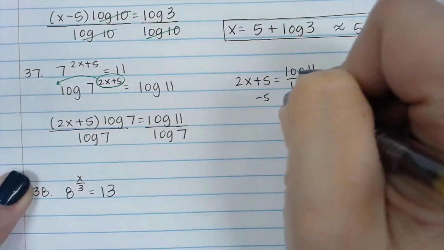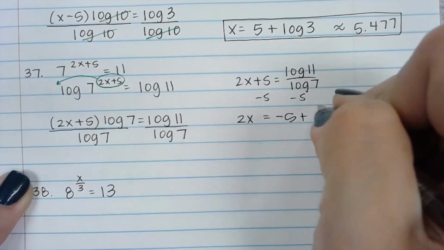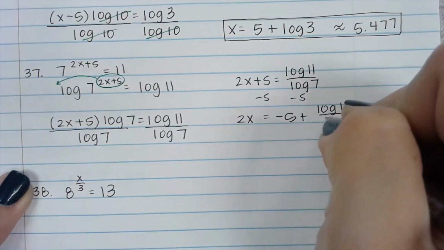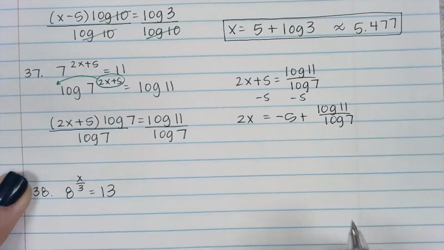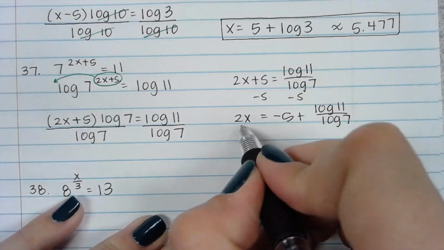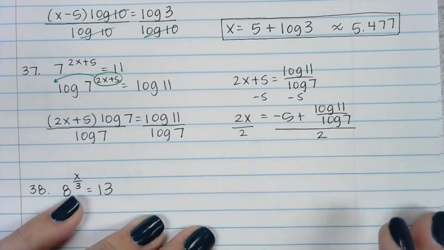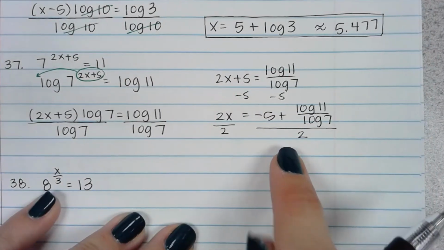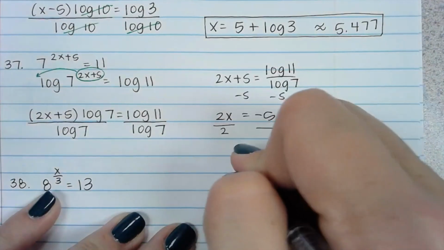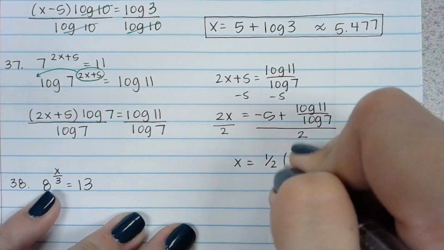So I need to subtract the 5 from both sides. And then to finish the question, I would need to divide this side by 2, and I would also need to divide this side by 2. And then stylistically, when you're writing your answer to this question, the 1/2 is going to get pulled out front.